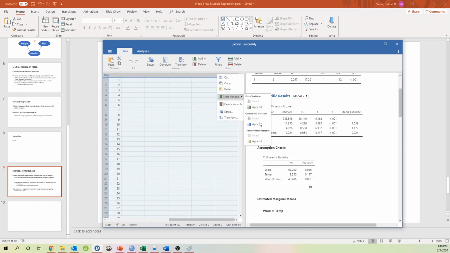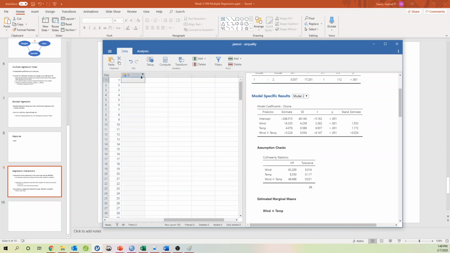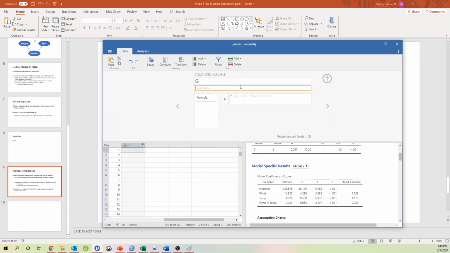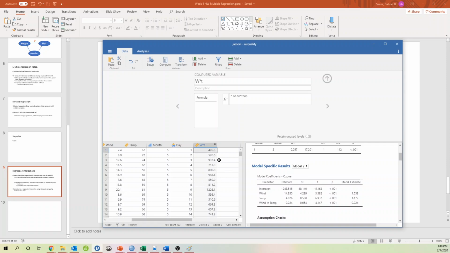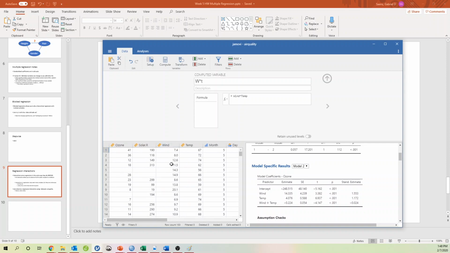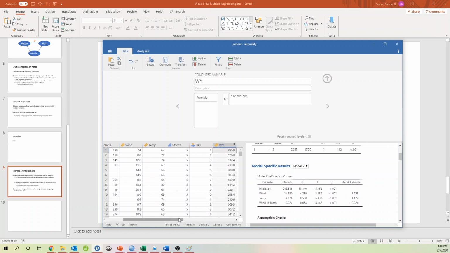Add a computed variable, call it W by T, and let's just say this variable is equal to wind times temp. There we go. So we see that the wind times temperature variable is really large compared to either wind or temperature by themselves. That's why the coefficients seem little.